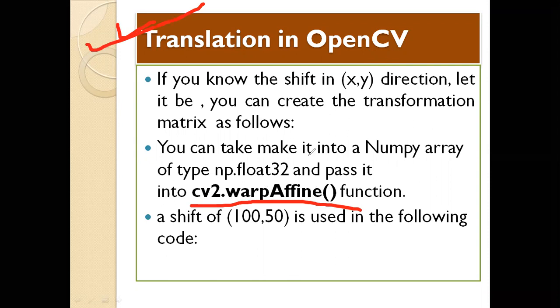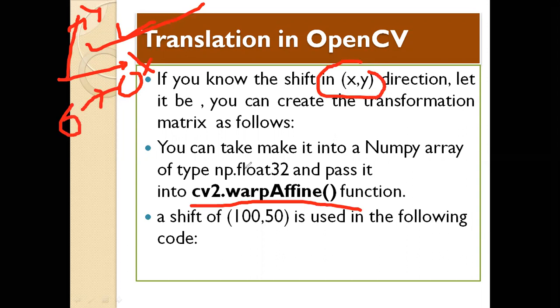But here you have to define the shift. Translation means from here to here, you are shifting the location. This will happen in both directions, that is the X direction and the Y direction. So you have to specify the shift in the X and Y directions.